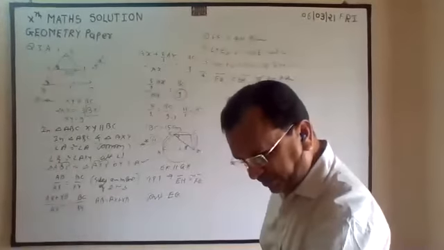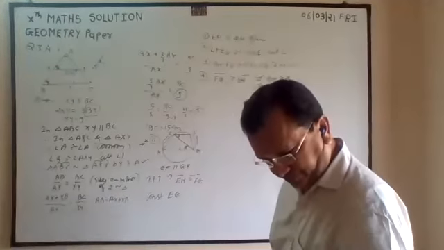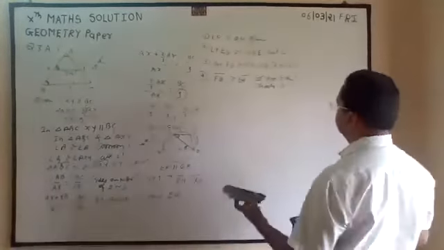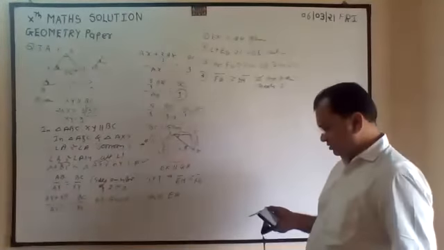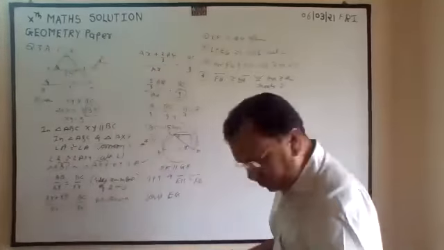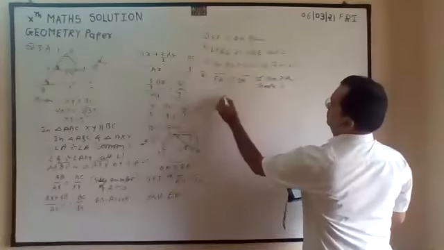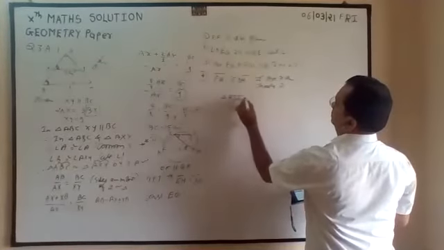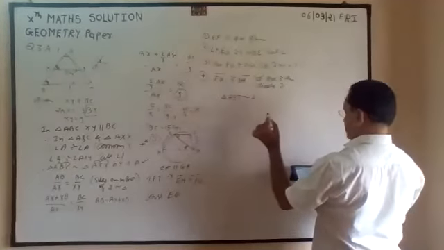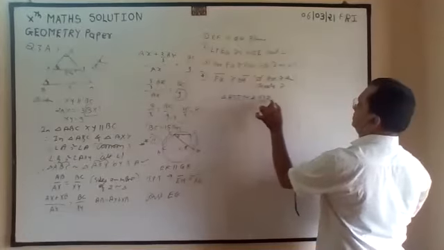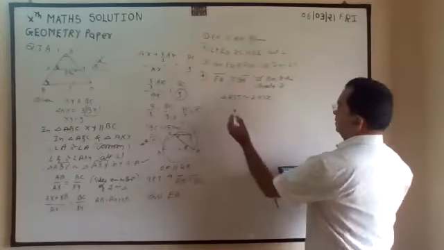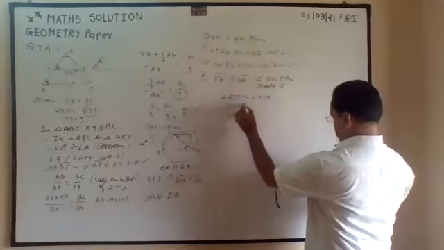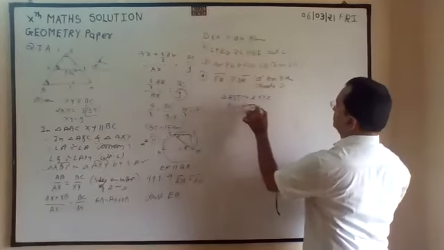Then construction type. Triangle RST is similar to triangle XYZ. RS is equal to 4.5 centimeter.